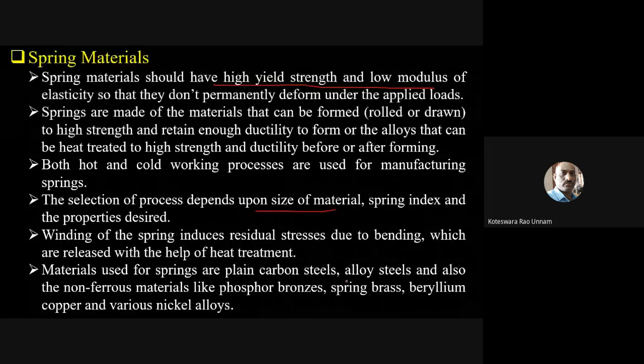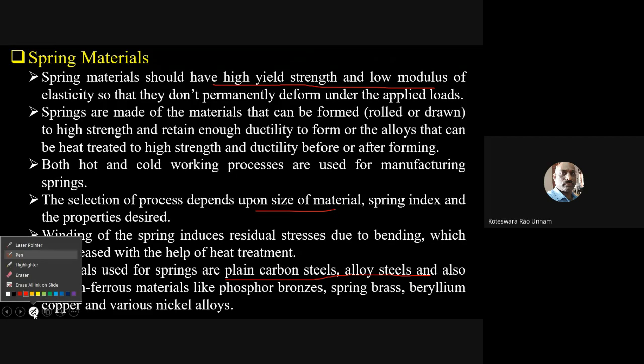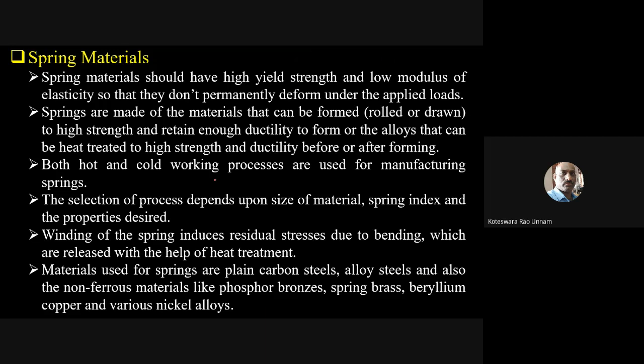So these are the majorly used materials for spring applications. They are plain carbon steels, alloy steels, and non-ferrous metals like copper beryllium, spring brass, and phosphorus bronze, which are also used in preparation of the springs.